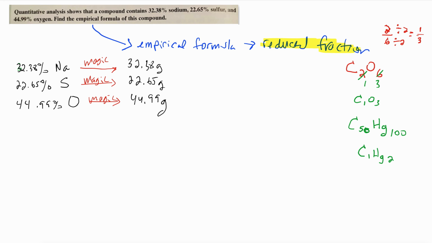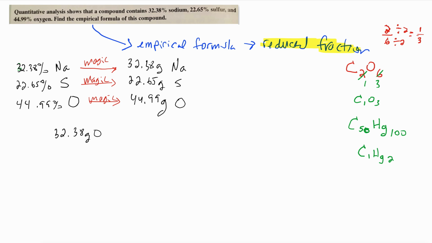That puts you a big chunk of the way through the problem. So now you should write what they are: Na, S, and O.